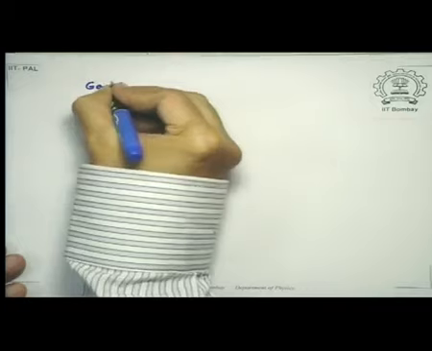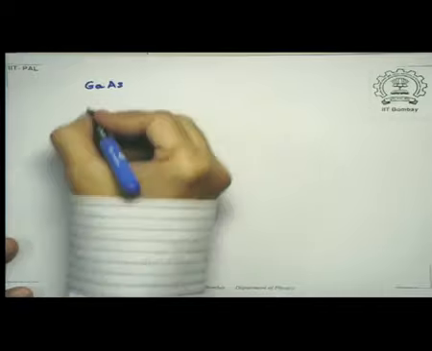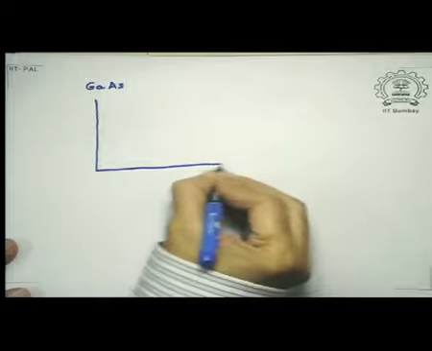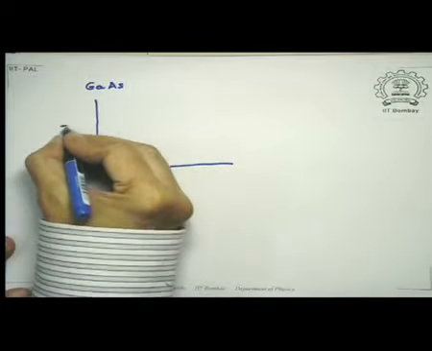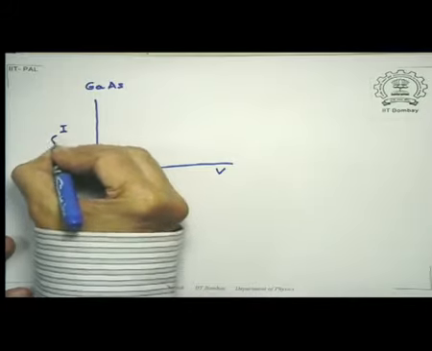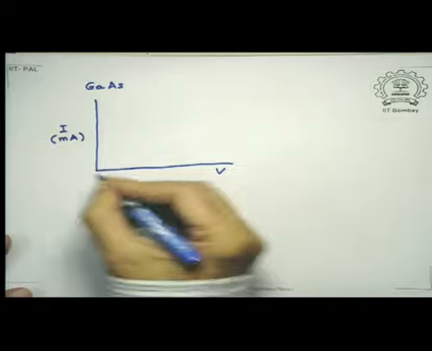And this reverse breakdown voltage is greater than 50 volts. Now, if we look at a typical semiconductor, for example gallium arsenide, and look at its current voltage characteristic, there's something interesting here. The first thing you notice is that in this current voltage curve, my current is typically in milliamps, V is in volts.